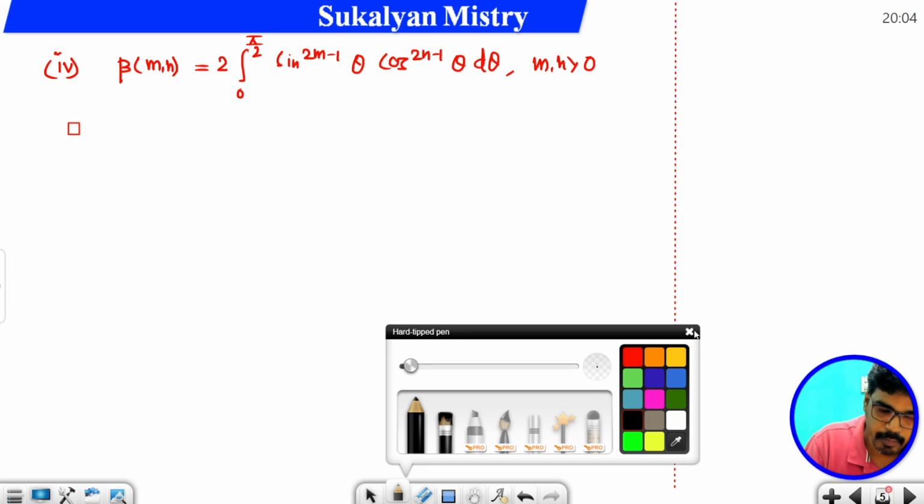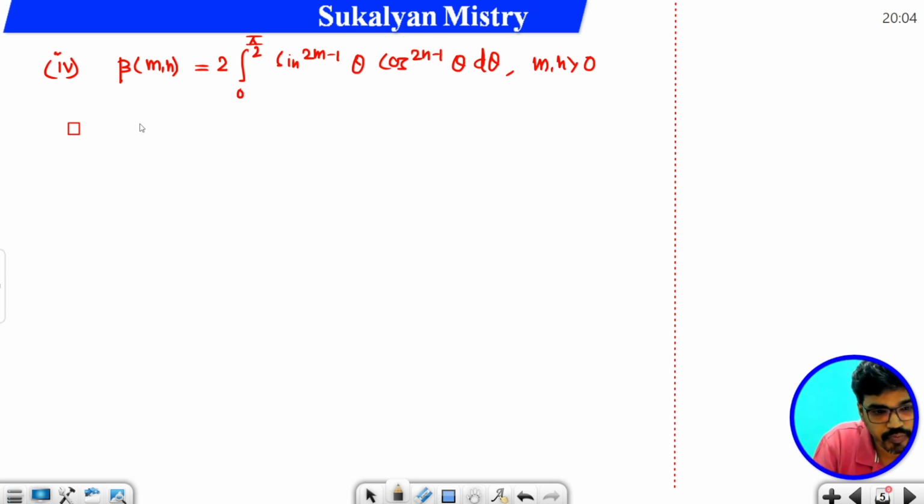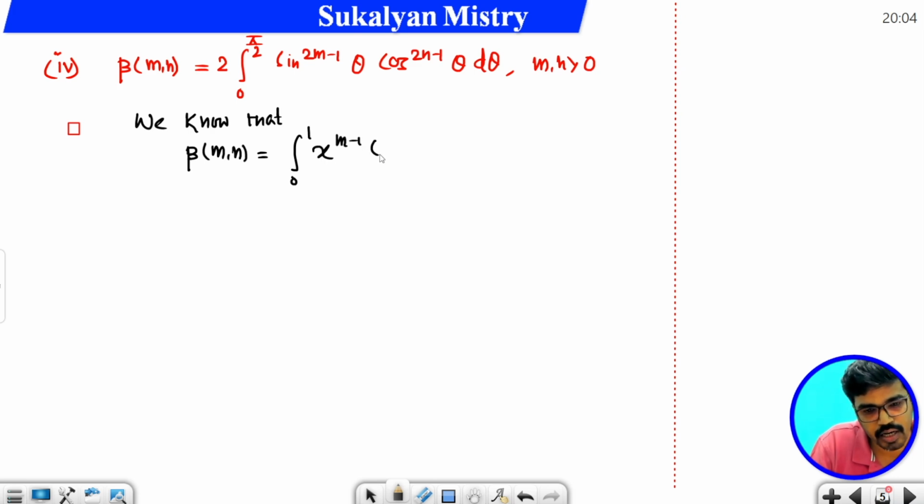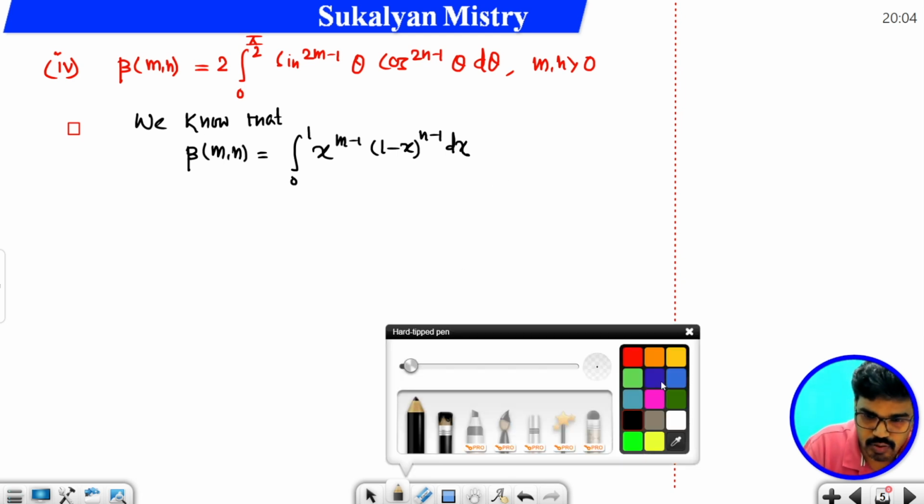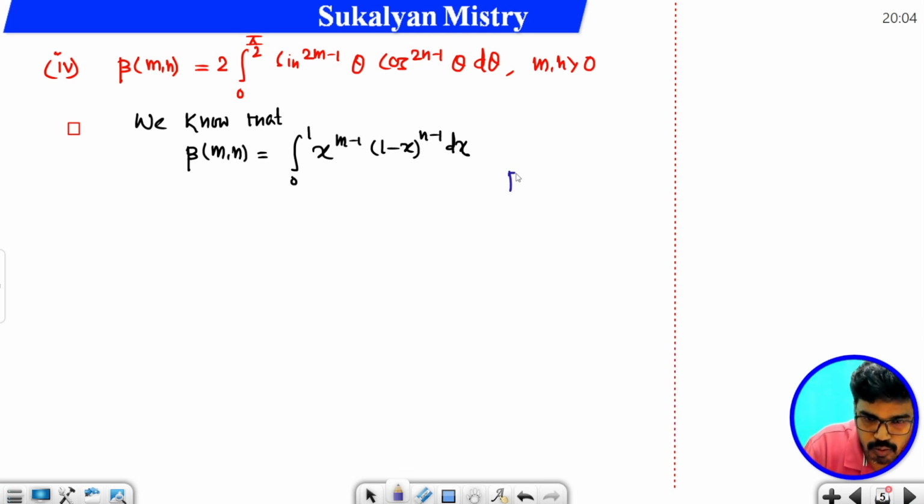We know that beta m comma n is equal to the integration from 0 to 1 of x to the power m minus 1 into 1 minus x to the power n minus 1 dx, right? So we put x is equal to sine square theta.